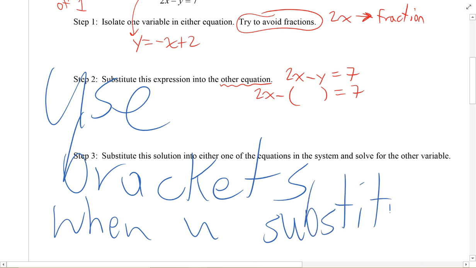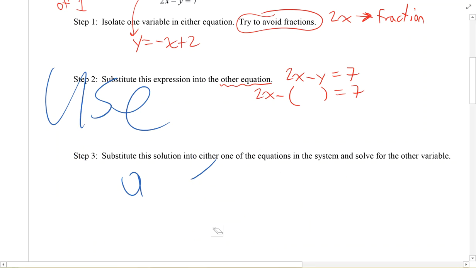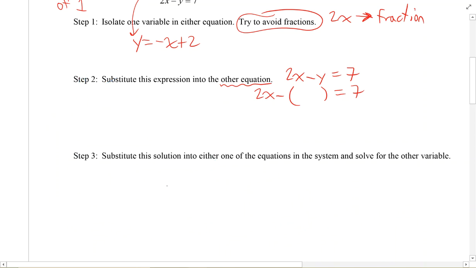If you're going to make a mistake, this is why, because you don't use brackets or you don't know how to work with them properly. I wrote it big, but what I want you to do is just write it small because it is that important: use brackets when you substitute.